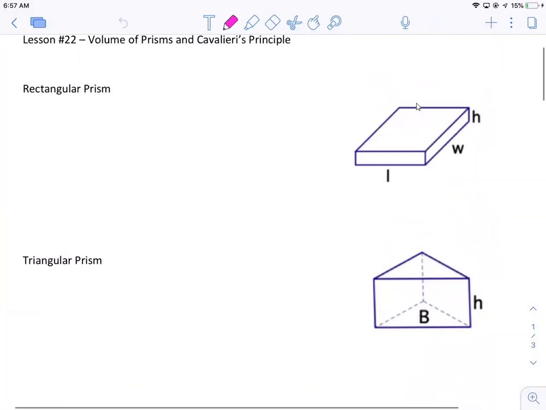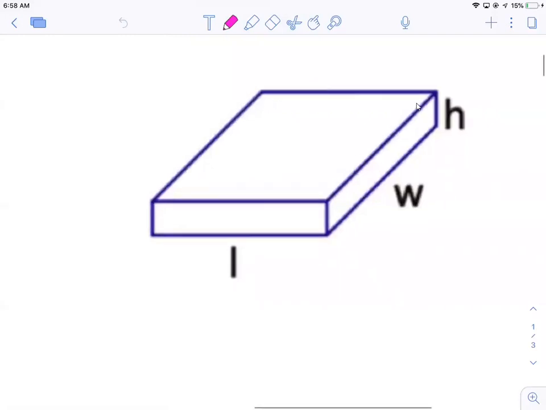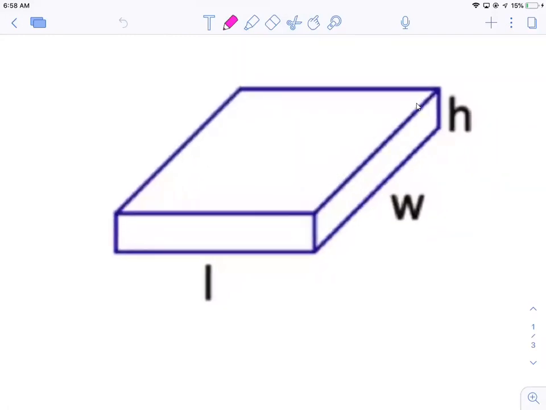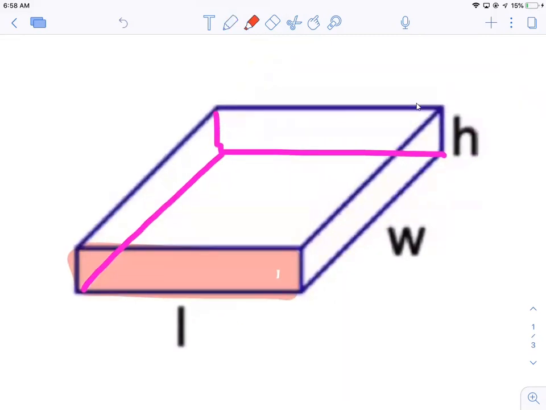So let's take a look at our first prism here. This is a rectangular prism. It's a prism made up of rectangles. The bases are rectangles. I'm going to draw in the parts that you can't see. So in this one, you actually have a couple options for what you want to consider the bases, because I can say that these two faces are the bases of this prism, right?